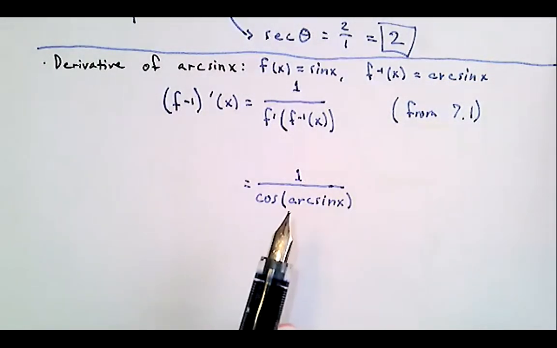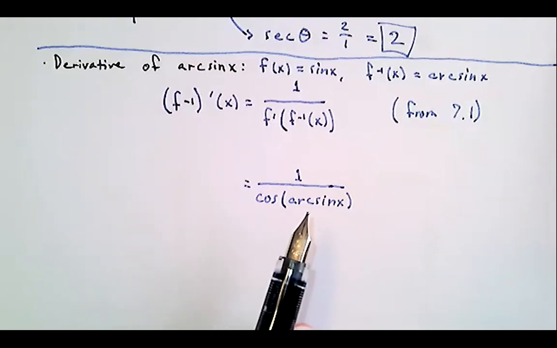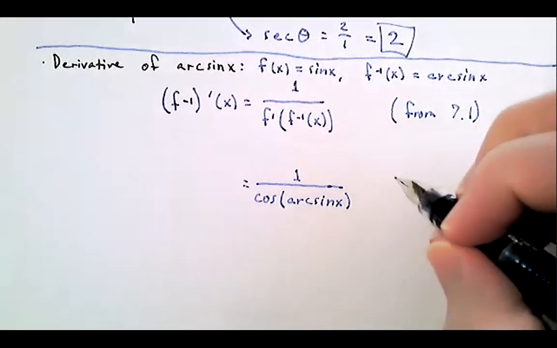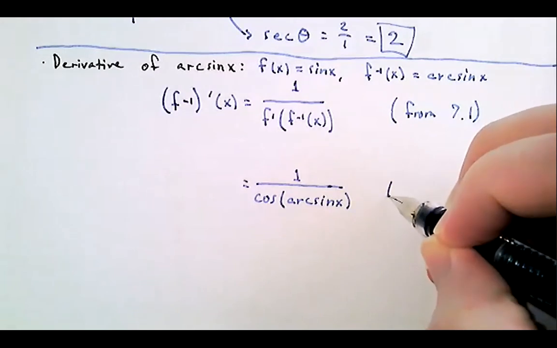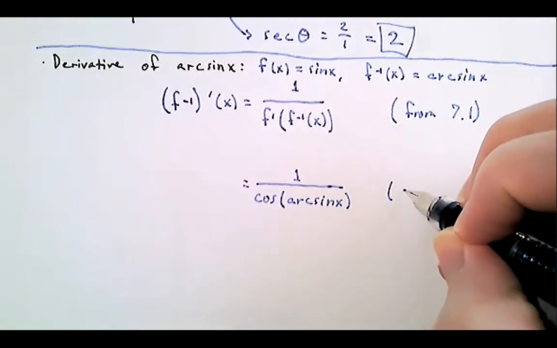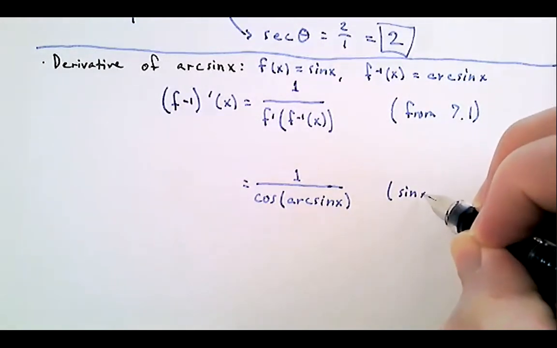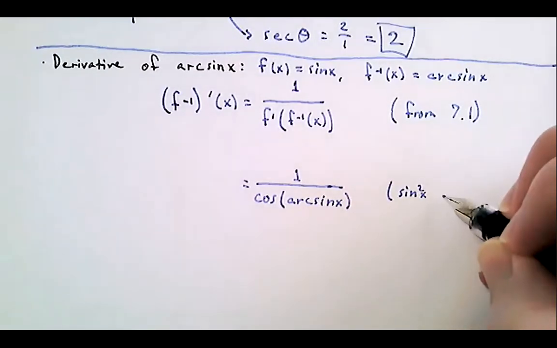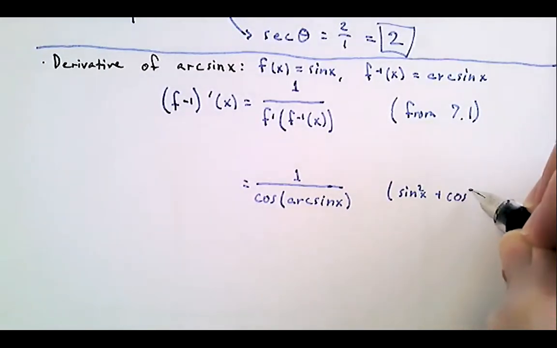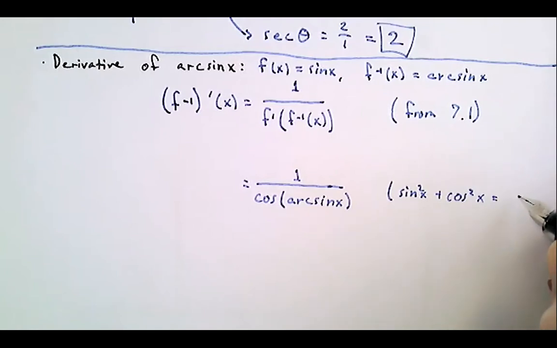In order to handle this cosine of arc sine, we have to think back to the Pythagorean theorem that tells us that sine squared x plus cosine squared x is equal to 1.